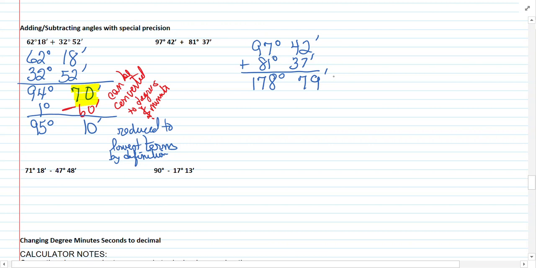And then I say, ooh, this is over a degree. So I'm going to subtract 60 minutes and make 1 degree. And that gives me 179 degrees and 19 minutes.